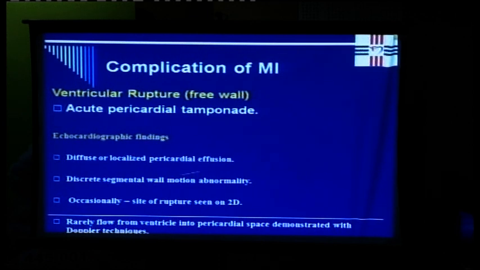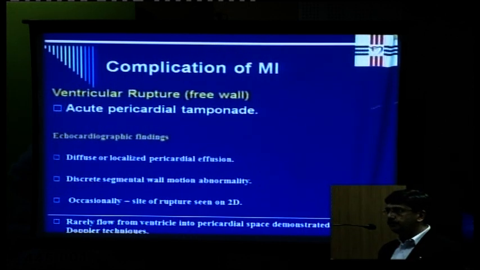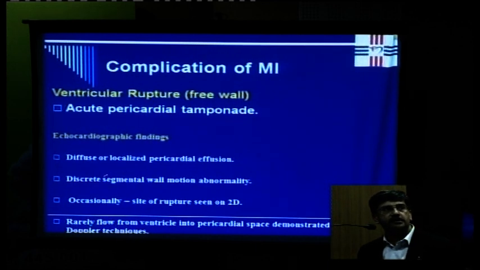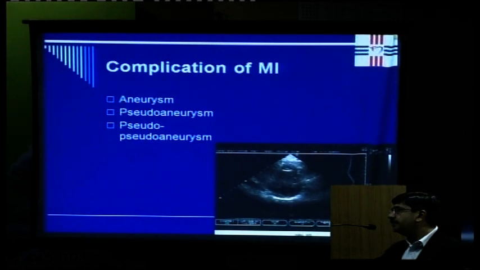The echocardiographic finding is presence of mild to moderate pericardial effusion. Because it's an acute tamponade, there will not be a large effusion, it's only mild to moderate effusion and discrete segmental wall motion abnormality. You can be lucky to see the site of rupture and lucky to see the free flow of blood from the ventricle to the pericardium.